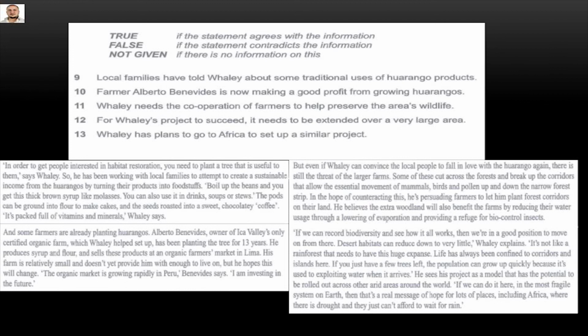Because he says here in the second line, it's not like a rainforest that needs to have this huge expanse. Life has always been confined to corridors and islands here. If you just have a few trees left, so he doesn't need a very large area, he needs a few trees left. So number 12 will be false.